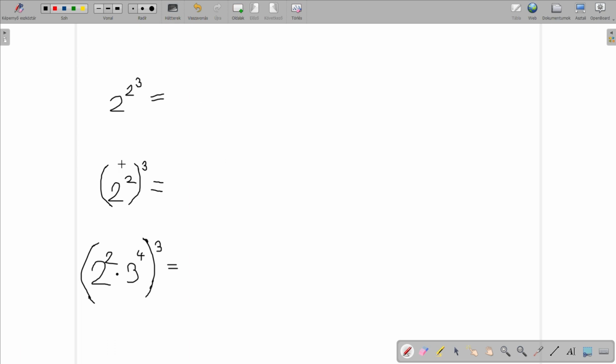Well, if you see something like this without a parenthesis, you sort of go backwards, and by backwards I mean like this. This is the way to solve it. So firstly you will get 2 to the third, which is 2 times 2 times 2, which is 8, and that's going to be 2 to the 8th power.